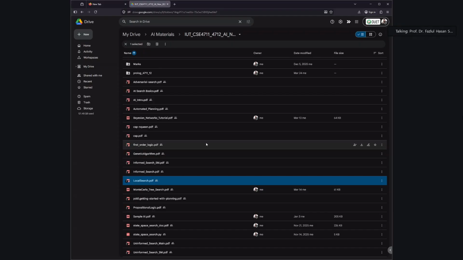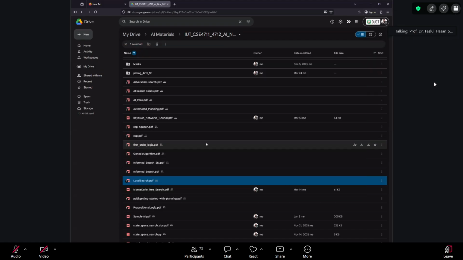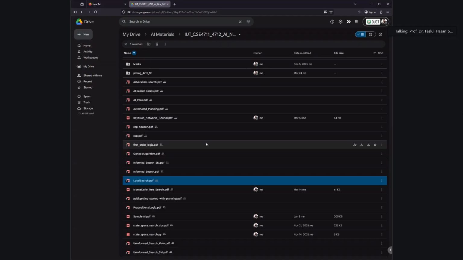Not a lot, but at least 5 to 7 in total, like the queen problem, traveling salesman problem, missionaries and cannibal problem, and so on. But it should not be more than 10 at most, or maybe 8. You should practice with those problems at least. Then it will be very easy for you. I believe the final exam questions are easier than the mid exam.